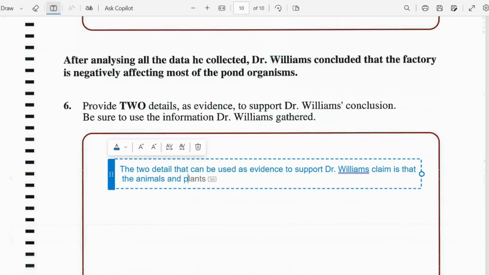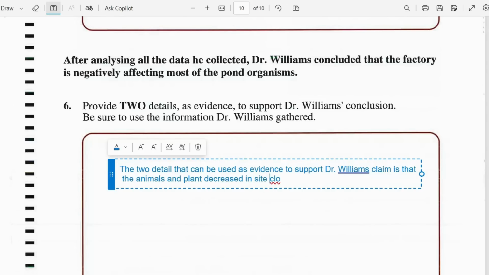The animals and plants decrease once they got to a site closer, or decrease in site 3.